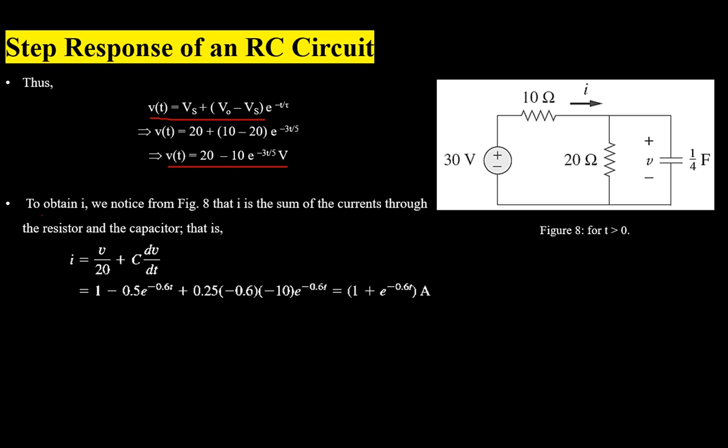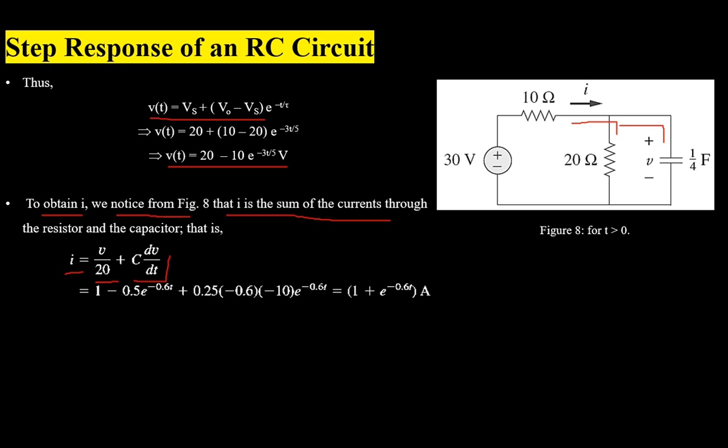Now we will find current when time t is greater than 0. If you look at figure 8, we know that the current I is the sum of current through resistor and capacitor, so I will be equal to sum of IR plus IC, where the current through resistor will be voltage across resistor divided by resistance of resistor, as both resistor and capacitor are in parallel, so IR will be equal to V divided by 20, and current through capacitor will be product of capacitance of capacitor with rate of change of voltage.